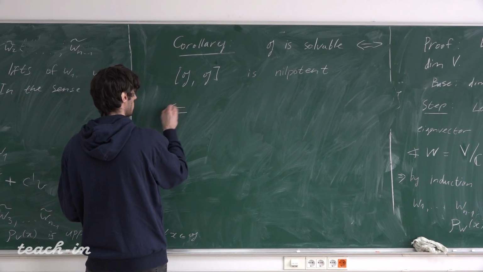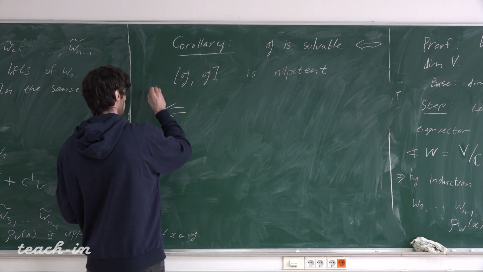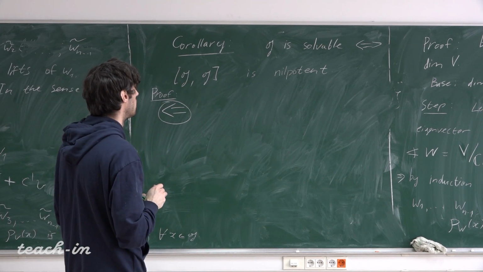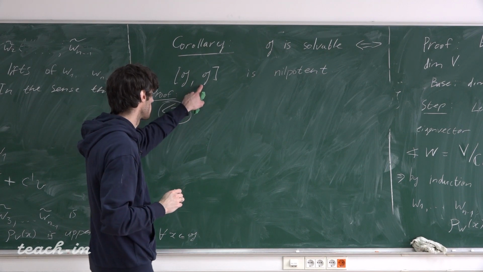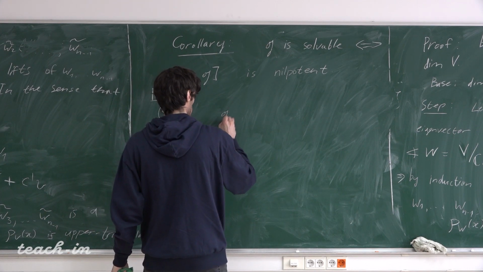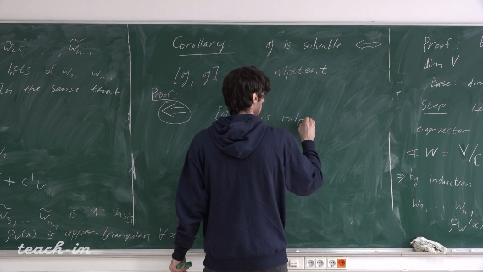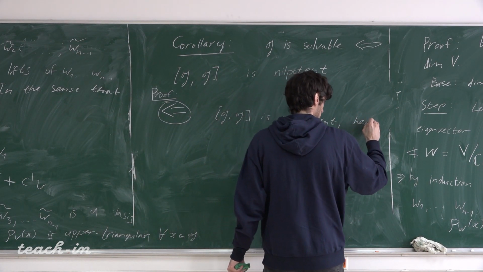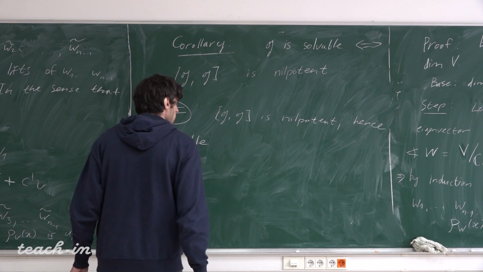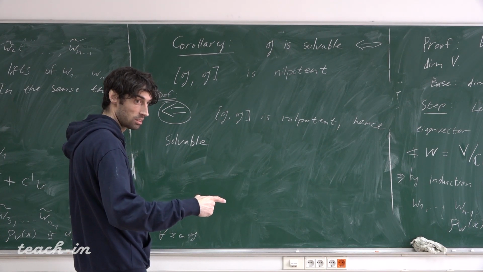I think to prove this direction is easy. You don't even need Lie's theorem. So proof. The commutant is nilpotent and hence solvable. So [G, G] is nilpotent, hence solvable. And the quotient is abelian and solvable.